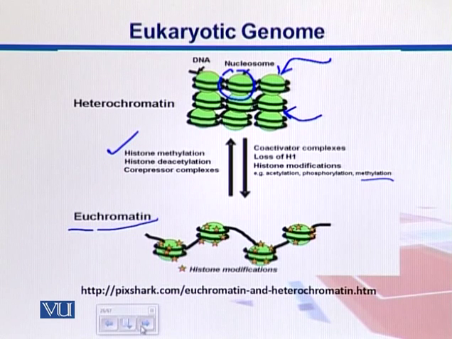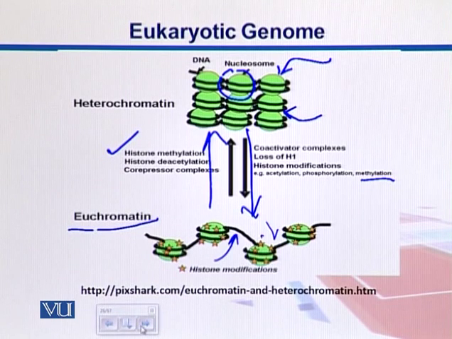Histone deacetylations and histone methylations, along with some other complex proteins that get attached, may give us the heterochromatin region, whereas the reverse processes give us the euchromatin region. In the euchromatin region, the histones are well spaced and the DNA is accessible. This is why the euchromatin part is expressed more as compared to the heterochromatin part.